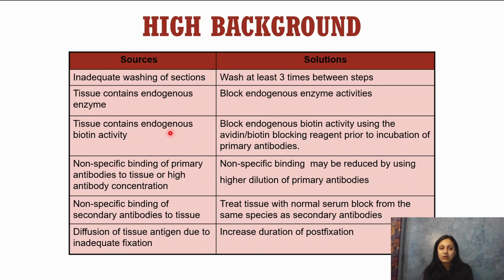To resolve all that, if there is inadequate washing after every step, we need to wash at least three times between steps. If there is endogenous enzyme activity, we need to block it like we discussed before. And if there is non-specific binding, we also need to resolve that before moving on to the next step.